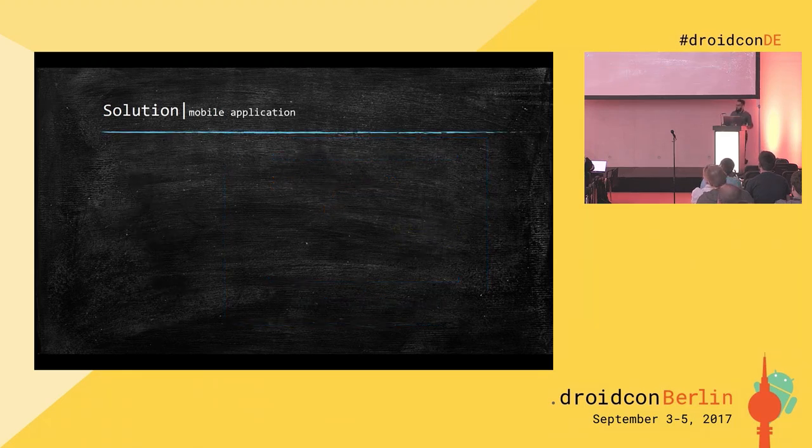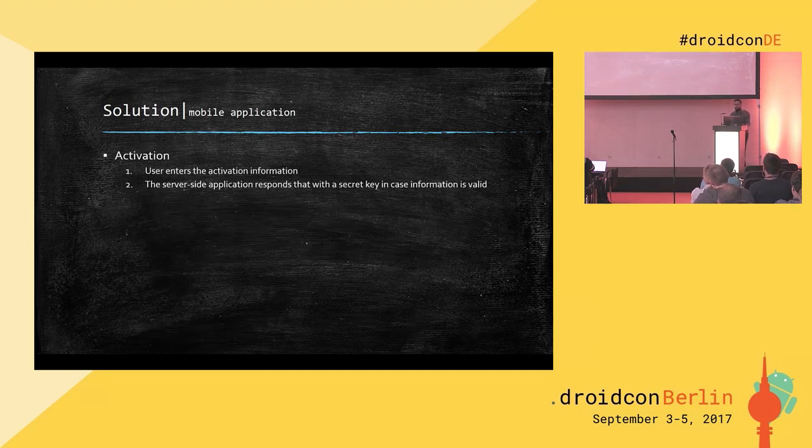Let's dig into this approach. Again, from the beginning, when the user wants to activate his or her account, they first insert the information, then get a response from the server with a secret key.